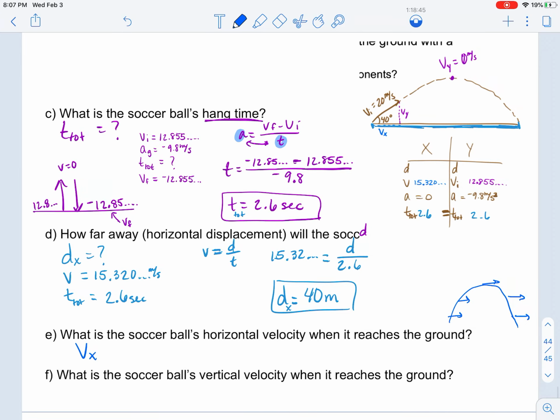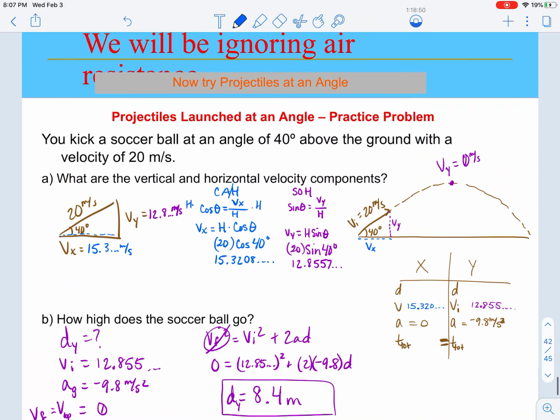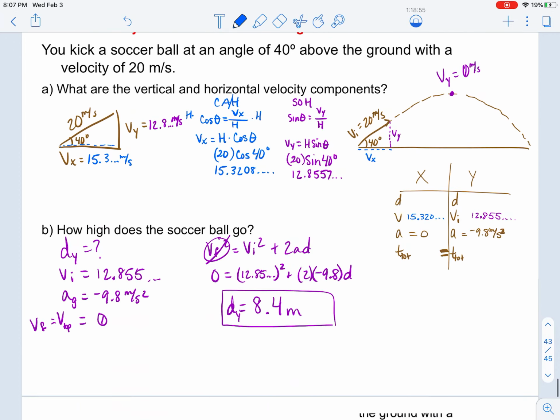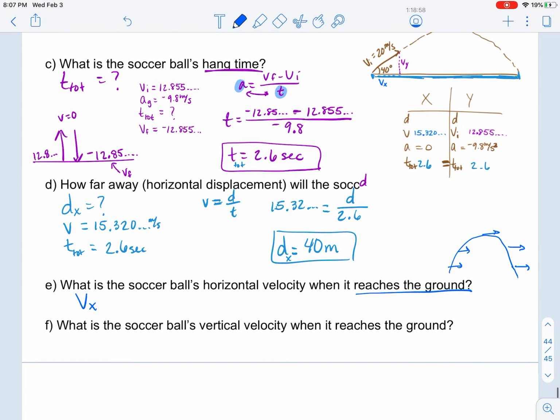So the horizontal velocity when it reaches the ground is the same as the initial horizontal velocity that we calculated way up here in question A, because velocity on the horizontal axis is constant. So I am simply going to write my Vx rounded for sig fig. So if we originally said it was 15.32 something, this would just be 15 meters per second.